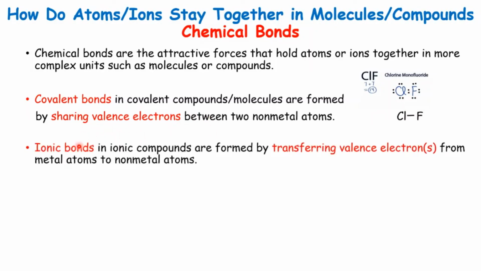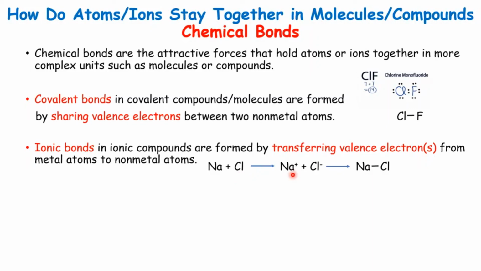The other type of chemical bonds are ionic bonds, which exist in ionic compounds, and they are formed by transferring valence electrons from metal atoms to non-metal atoms. So electrons are not shared like in covalent compounds. Electrons are transferred. For example, sodium reacting with chlorine.